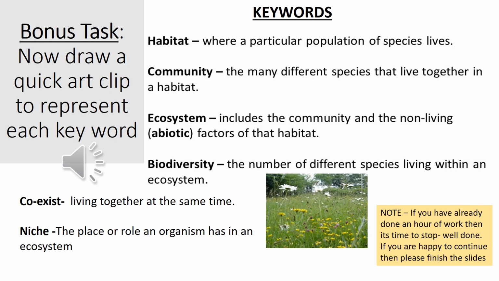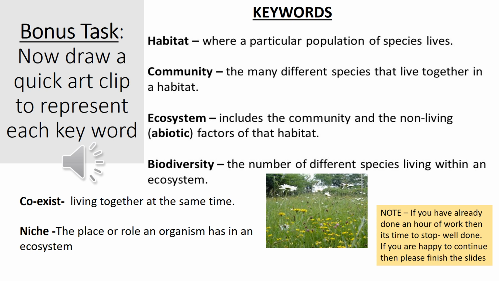So here are a list of our keywords for this topic: habitat, community, ecosystem, biodiversity, there's a new one there, coexist and niche. We also have abiotic factors. That is non-living factors.